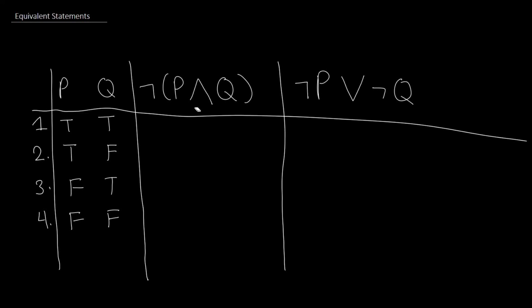Well, let's do a truth table for this guy first, the inside part. And then after we do the truth table for this guy, what we're going to do is flip it around because we have this not statement over here. This not statement acts like a reverse switch.